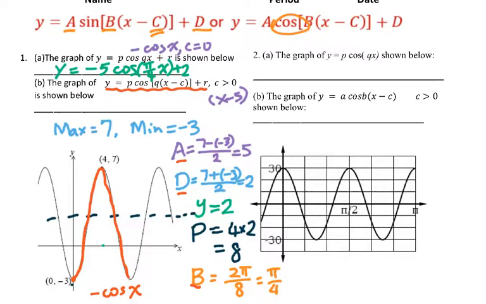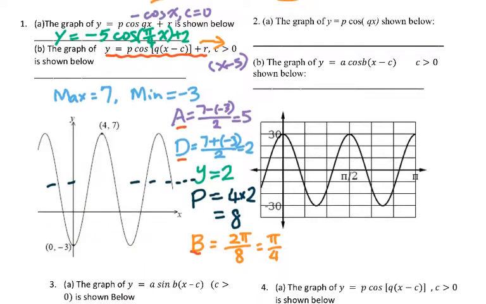X minus 5, inside is a liar, so we go to the right, which means your starting point will be on the right side of the y-axis. Therefore, I will draw the pattern of a cosine function. Starting point is on the right side. Then this is the pattern I'm drawing.